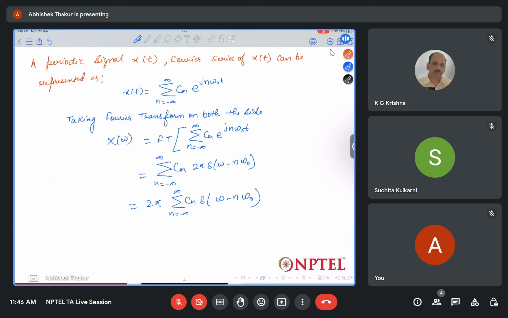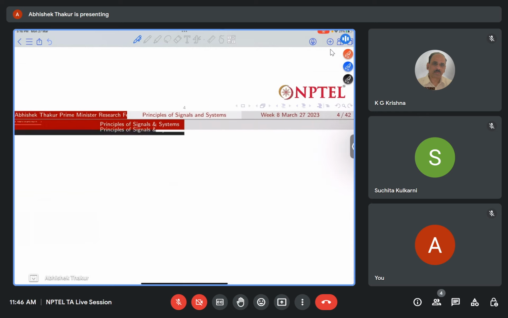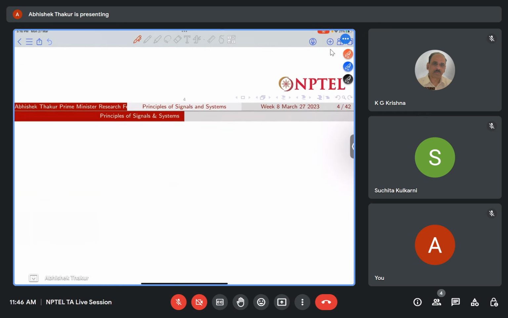Let's take an example of some periodic signal. The basic one is the impulse train. We'll take that and find the Fourier transform of it. So first we'll draw the impulse train and find the Fourier transform of the given impulse train.